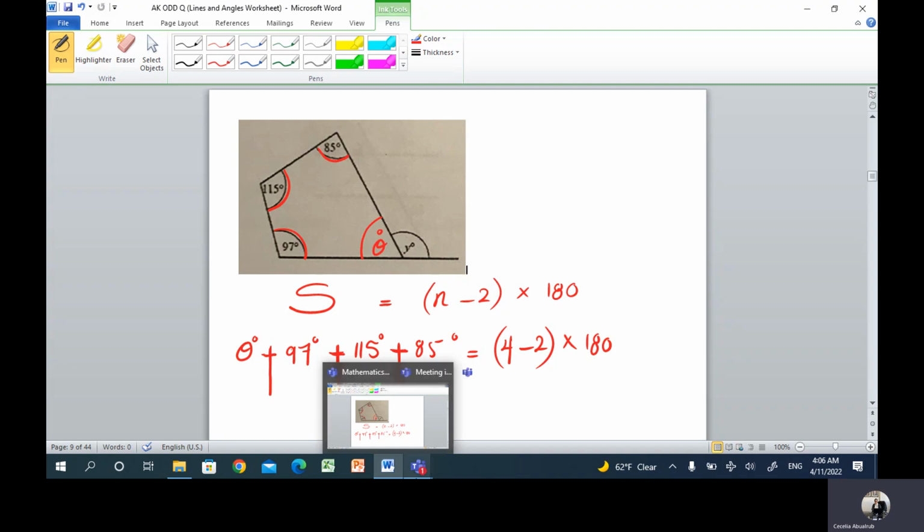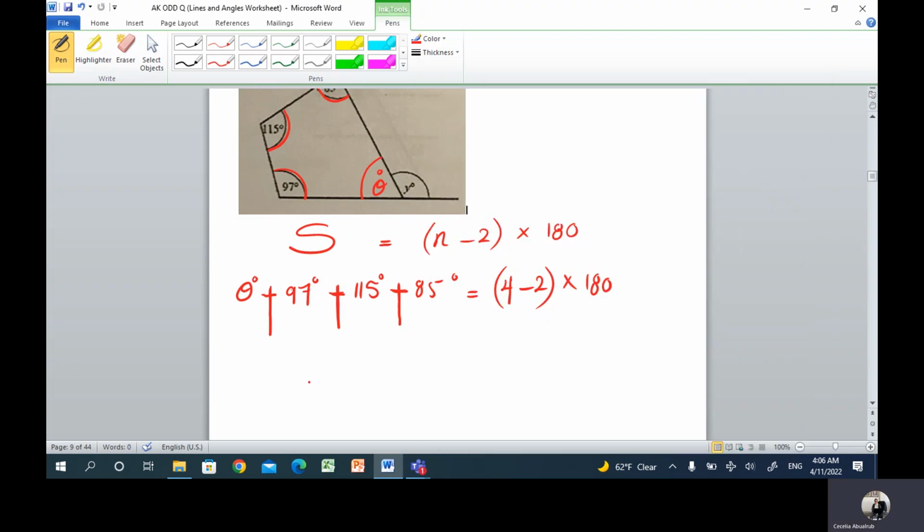Now, if you simplify, if you add 97 plus 115 plus 85, it will be theta plus 297 is equal to 4 minus 2, which is 2, times 180, so 360 degrees.